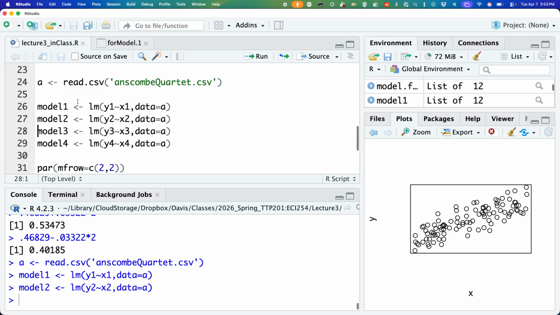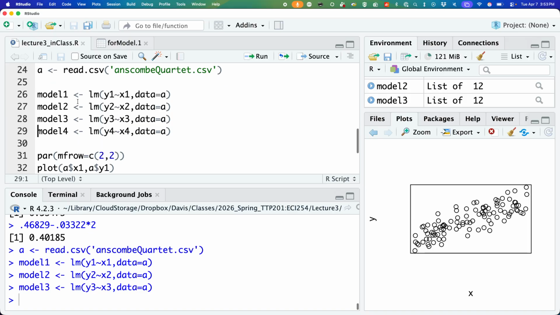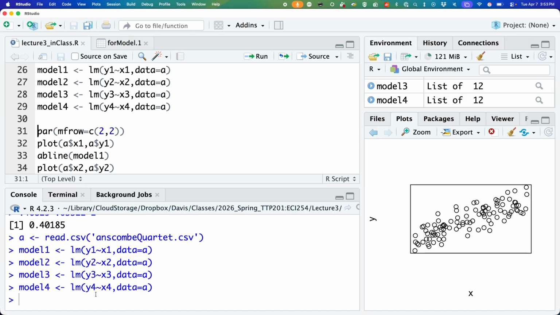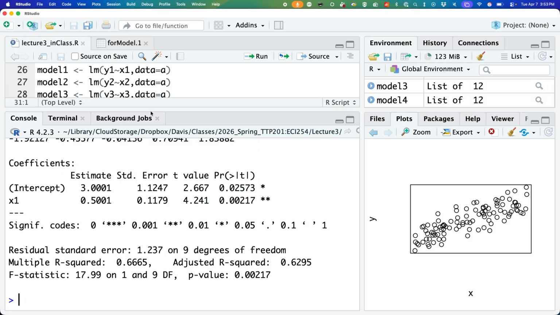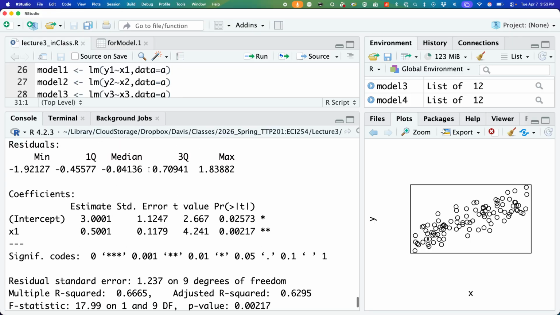And we are going to run these 4 models. So I'm going to run a summary of model 1, and we're going to have someone talk to me about what they think about this model.